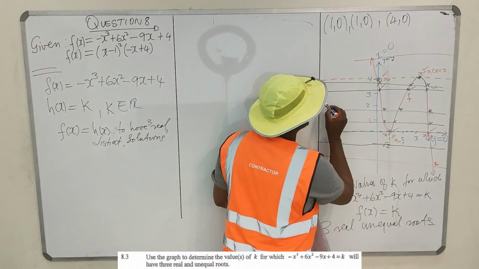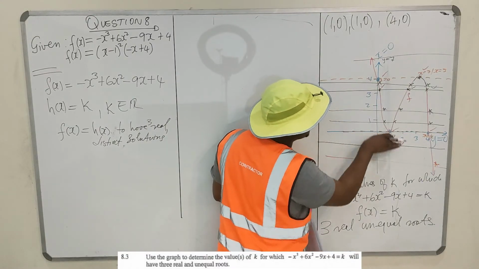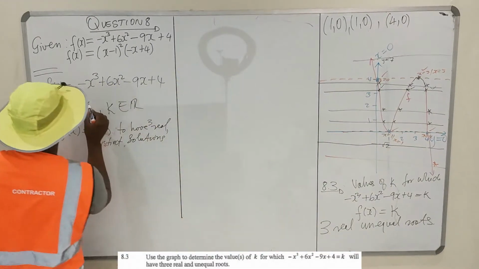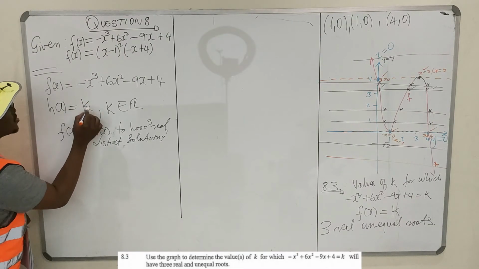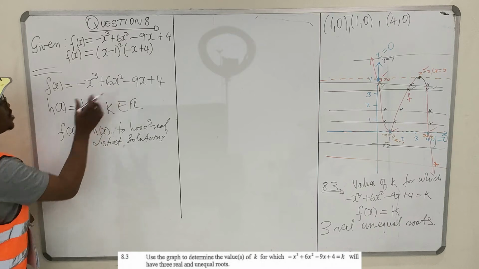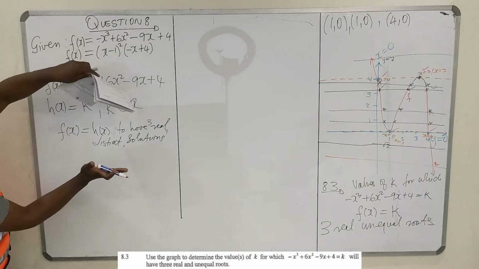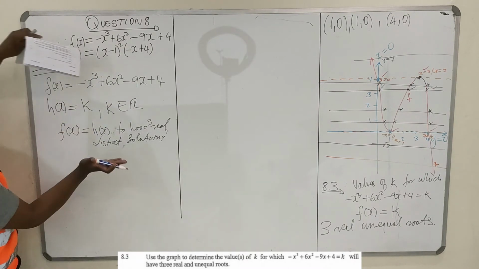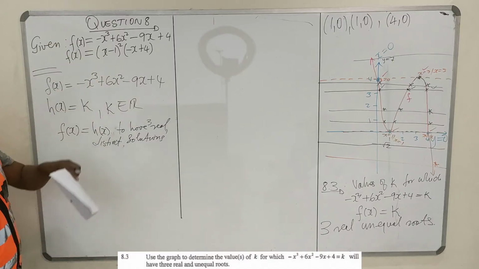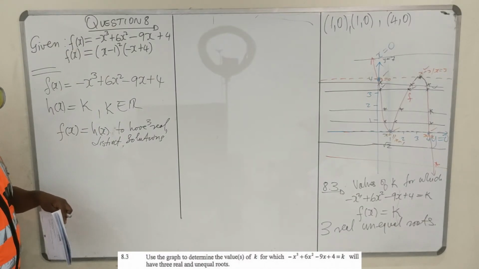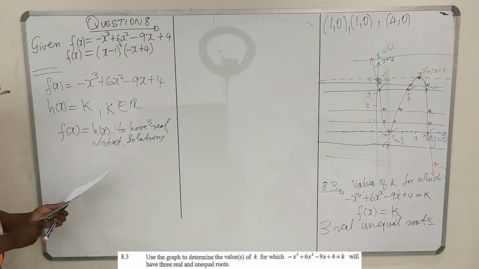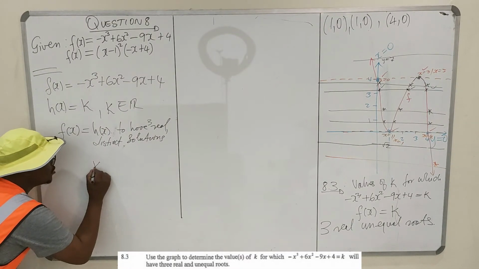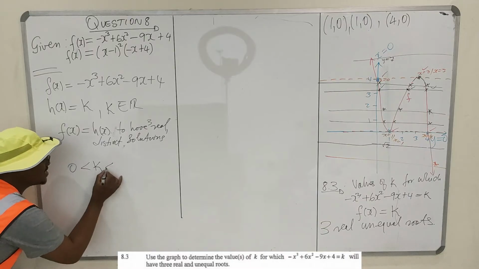It means that your values of k, whatever this function is, if you want your function h of x to intersect this one 3 times, your k, which is your h of x, must be between 0 and 4. So your k should be greater than 0 but less than 4.